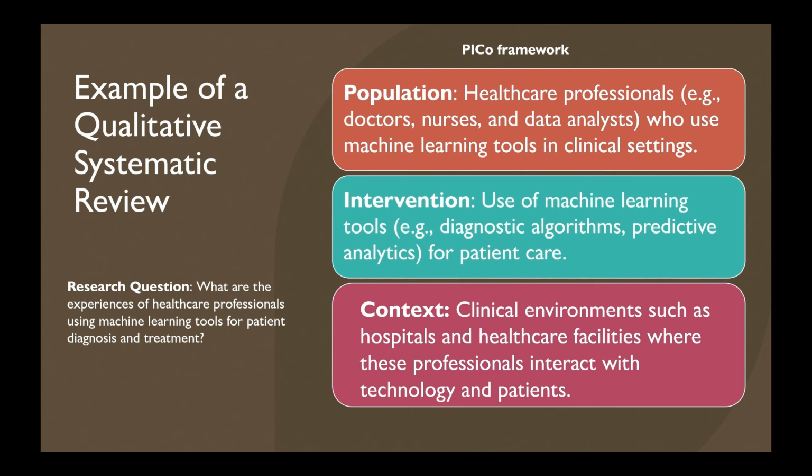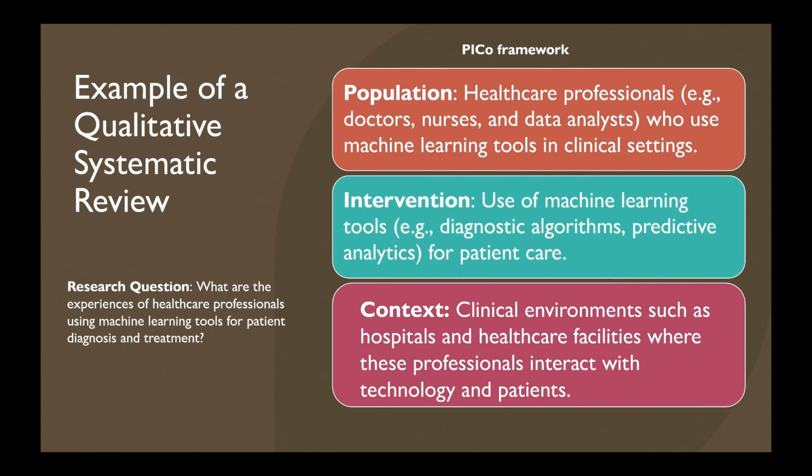So if you are looking for qualitative research, then it changes slightly, and it becomes PICo, but the o is just a small o, because here Co stands for context, not for comparison and outcome. So let's take an example. Here the population is healthcare professionals.